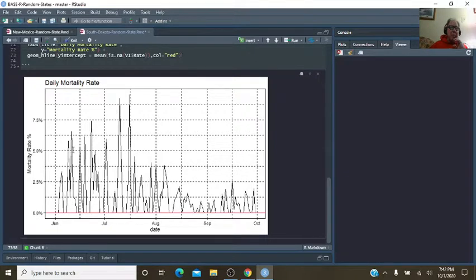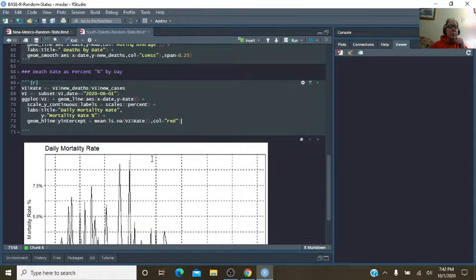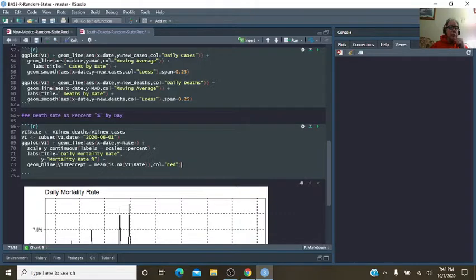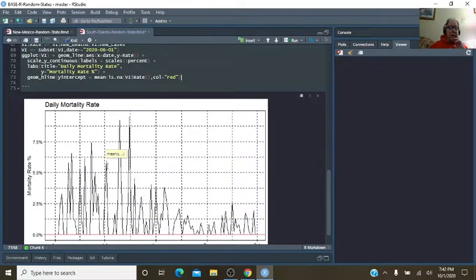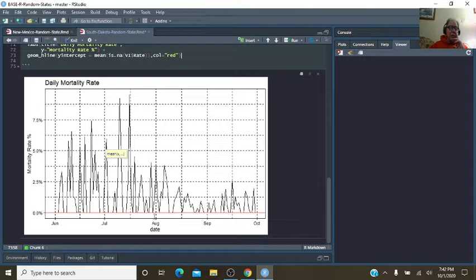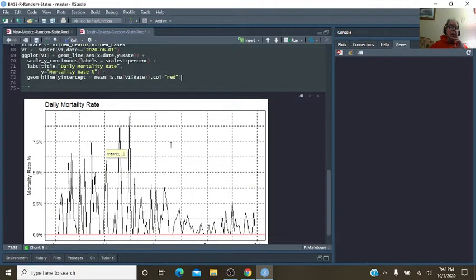Up as much as 7.5%. Currently, it's in the 2 to 2.5 range. I'm not sure why this is all the way down there, but not quite. Of course, that doesn't make any sense, does it? You got this up here. Why is this way down here? I don't know.